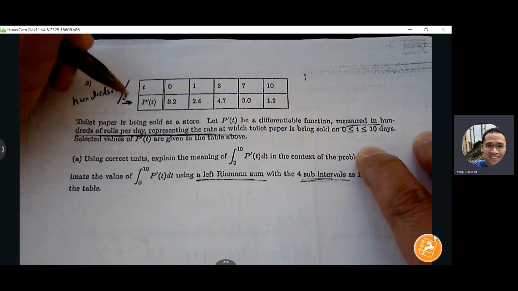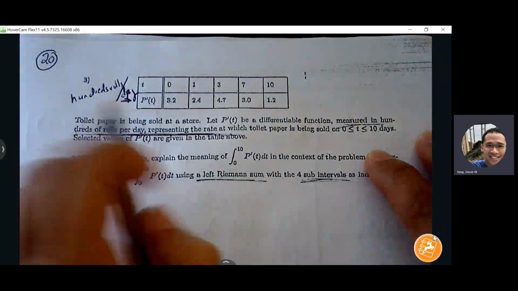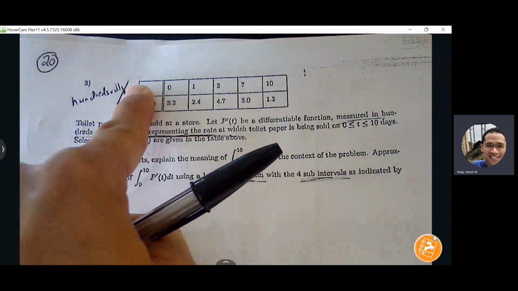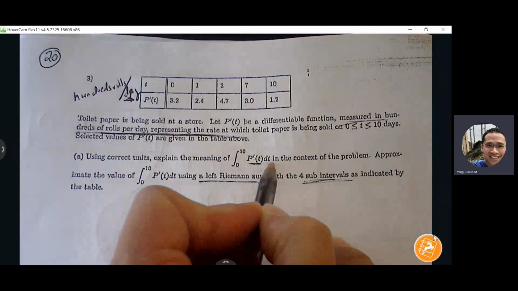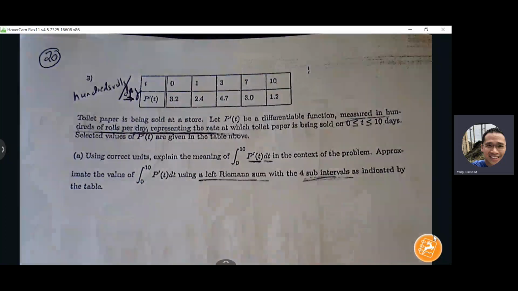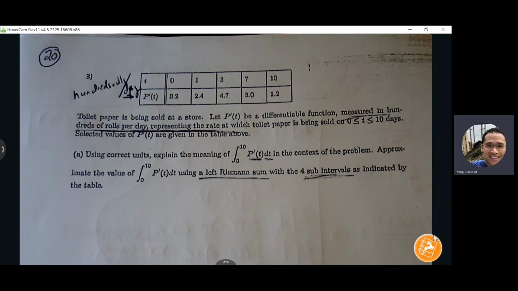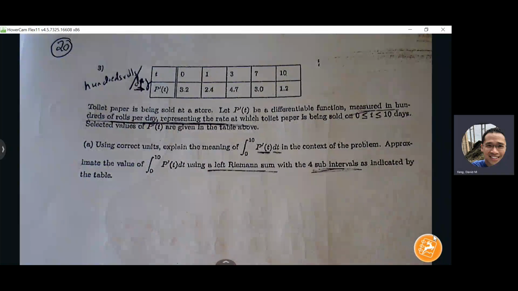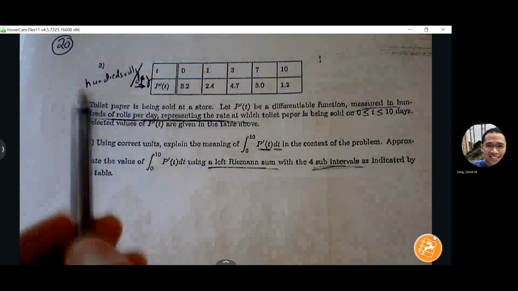Per day, okay. Then the antiderivative is going to take this rate and turn it into what? Just hundreds of rolls, right? Because we know that P prime is a rate. Time is also in terms of day. So if you multiply a rate by a day, you're going to get the number of rolls, right? So we know the units are going to change. If we accumulate all that rate over a period of time, we're going to make it rise up to just the numerator portion.